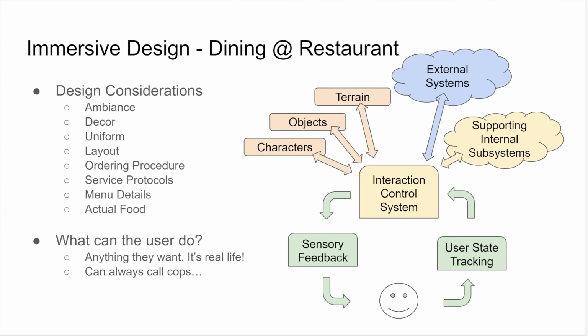So I hope you'll agree with me when we look at all the different considerations that a restaurant designer might look at and say that it is an immersive experience, because it isn't really just about the food, it's also about the decorations, the venue, the ambiance, maybe the uniforms of the staff, even the design on the menu.